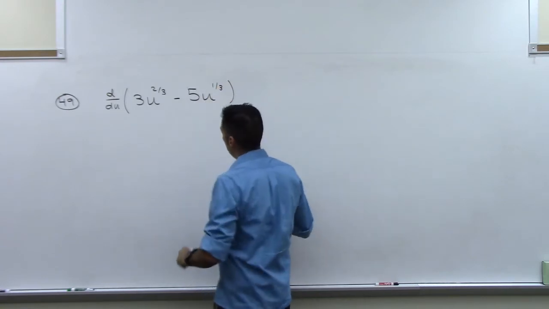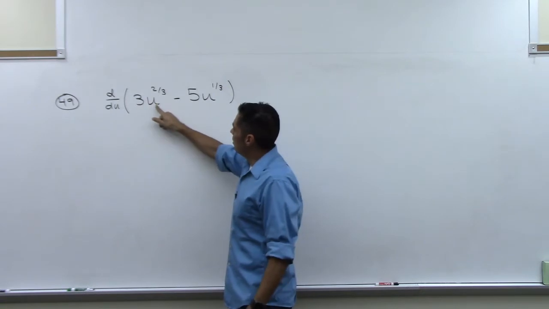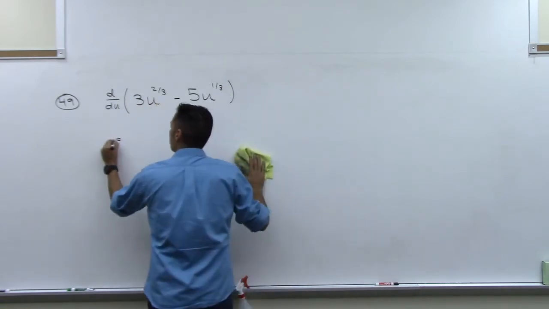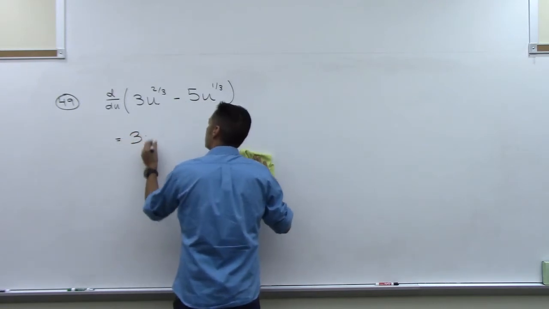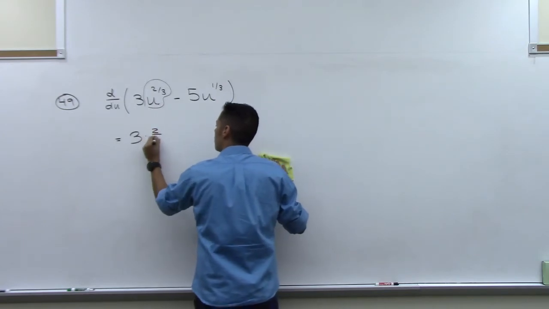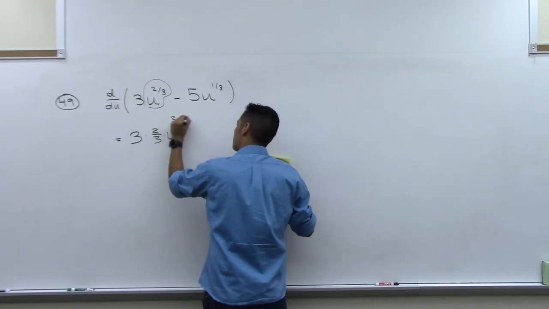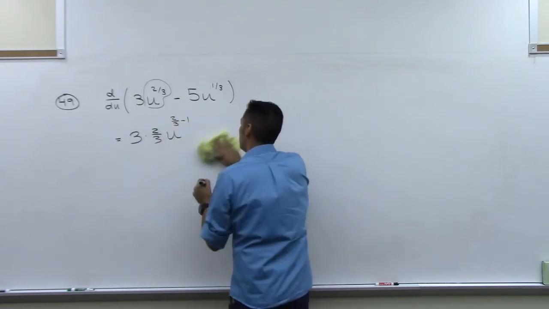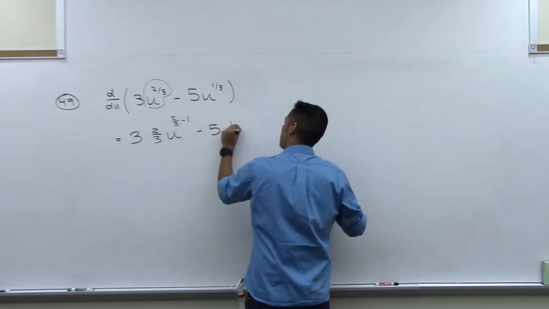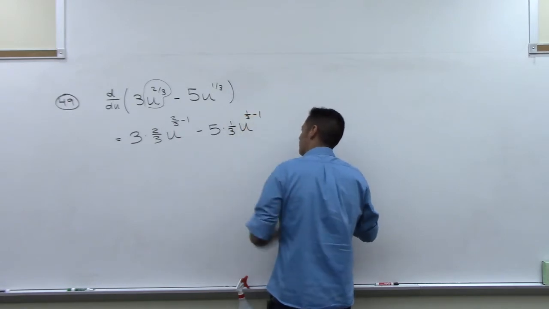All right, so I think I can just go right now and do this. Two terms, I've got a constant attached, it's coming for the ride. I've got a constant attached, it's coming for the ride. So I've got the 3 here times, now here I use the power rule. So 2/3 comes out, 2/3 u, and then I have to do 2/3 minus 1. I'll do that on the next step. And then I have minus 5 times 1/3 comes out, u to the 1/3 minus 1.